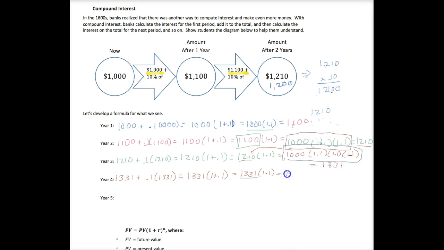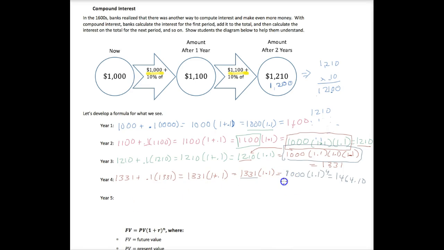So really, it's perfectly legitimate for me to say 1,000 times 1.1 to the 4th power, because I'm getting tired of writing this, and I imagine you are too. Let me just tell you what that value is. That value gives us $1,464.10.